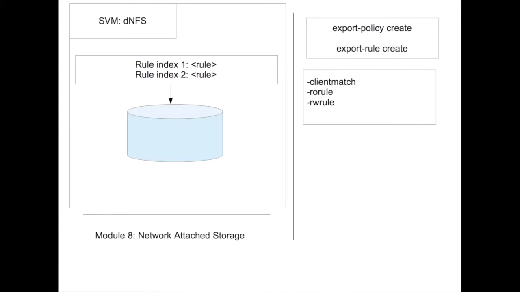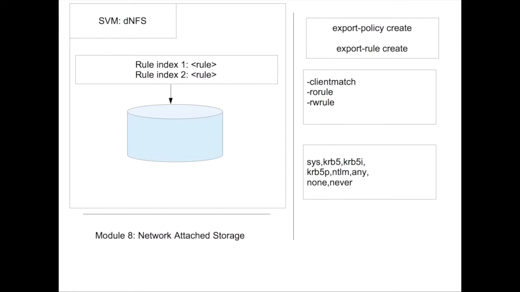Now the thing is that the read-only rule and read-write rule require a particular security type. So for example, and this can be a comma-separated list as well, we're going to check or authenticate a user against any of the following security types. For example, sys, which is authsys, or Kerberos or NTLM.